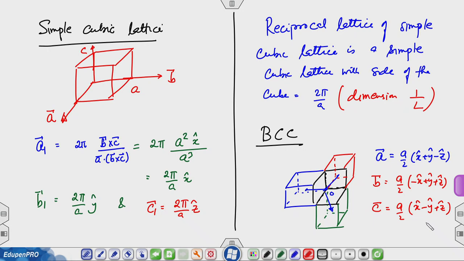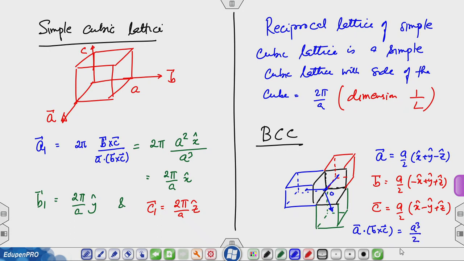These are the unit vectors, the primitive unit vector of BCC, and A dot B cross C, that is the volume of the unit cell, is A cubed by 2.